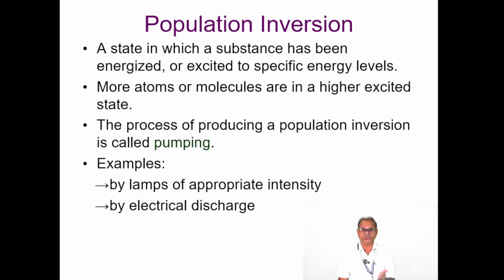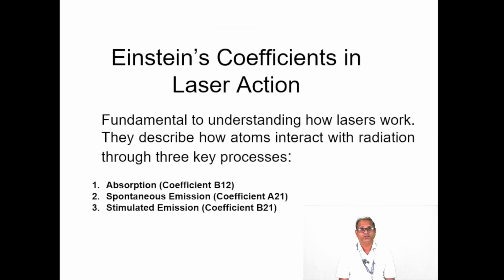We have to give an external source of energy, that is you can flash the light on the medium of laser, sufficient frequency, sufficient intensity light, or you can apply an external potential difference or electric discharge to the laser medium, so that atoms will move from ground state to excited state. So, these are the two examples we have written, that is a flash lamp can be used to make the population inversion, and secondly electric discharge can be used to make the population inversion.